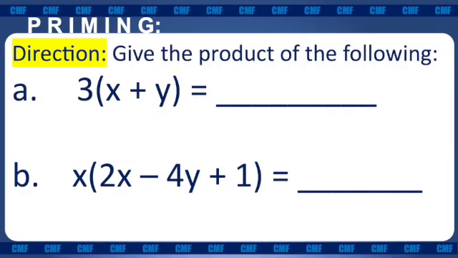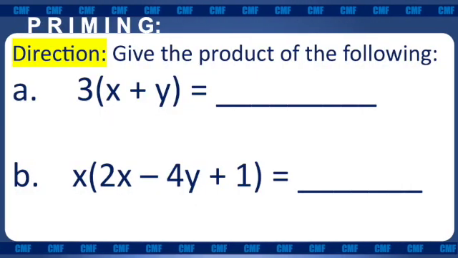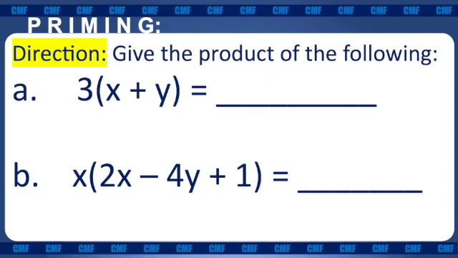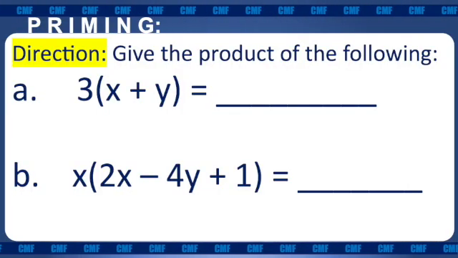Any questions for the example review we have? Let's move on to the next. This one, I want you to give me the product of the following. Letter A is 3 times (x + y), and the other one is x times (2x - 4y + 1).